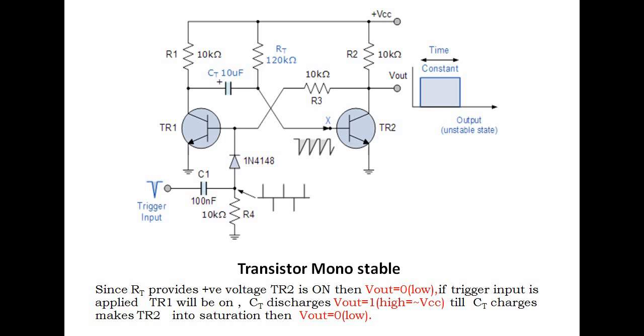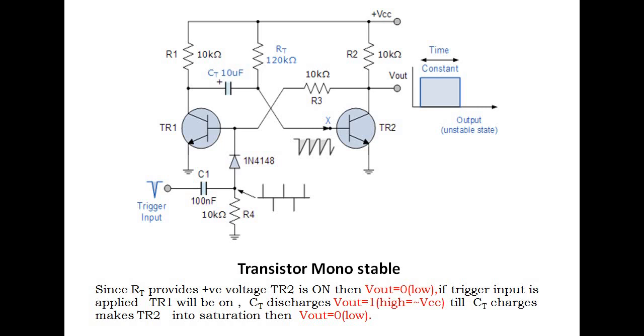The nature of the capacitor is that it doesn't allow a sudden change in voltage. That's why it generates a negative voltage on the opposite side to retain its voltage. So the transistor TR2 will be off.